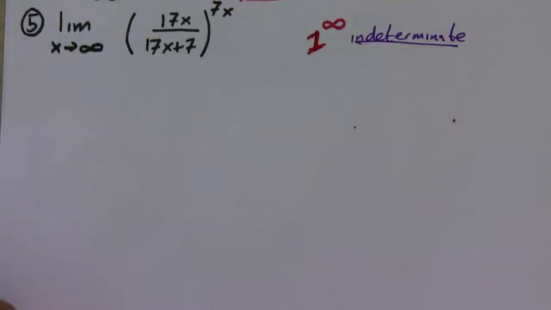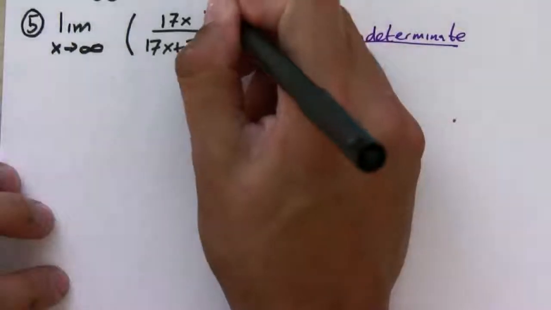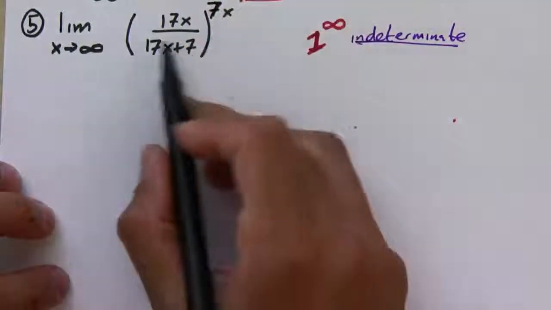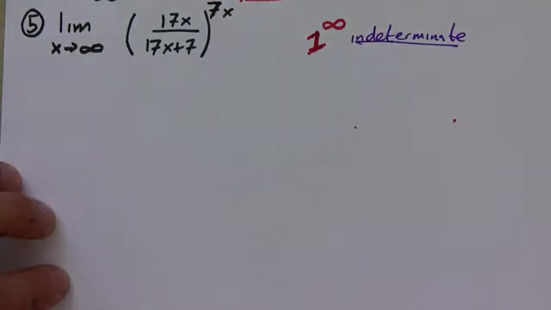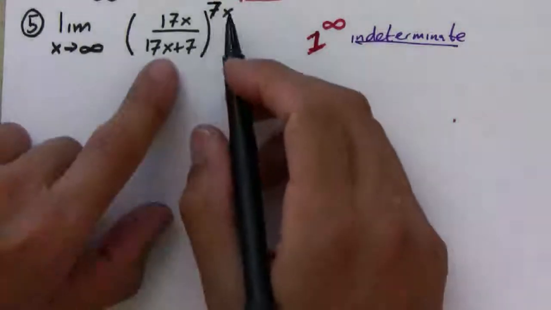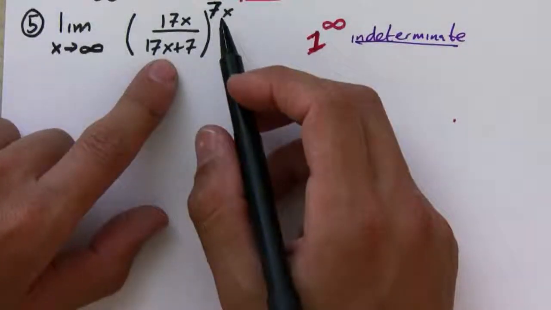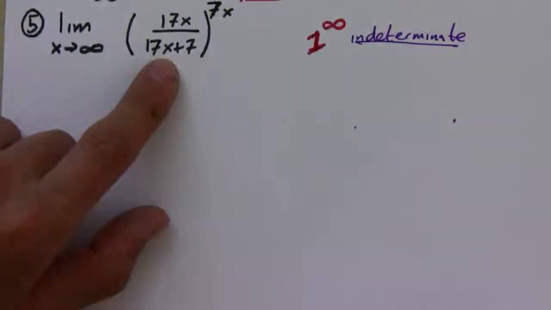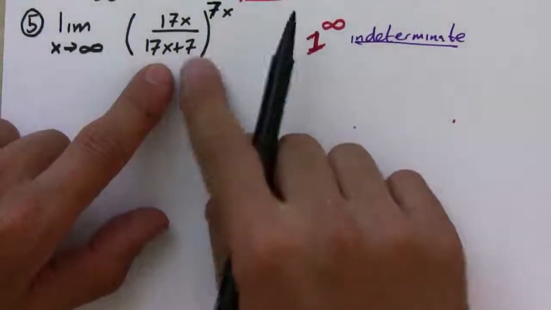So for this, we have to bring out something that we might remember from when we were doing our derivatives: notice that what we have is a function being raised to another function. And if you remember back when we were getting derivatives, we used logarithmic differentiation for problems that looked like this.